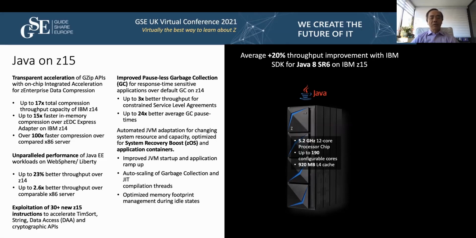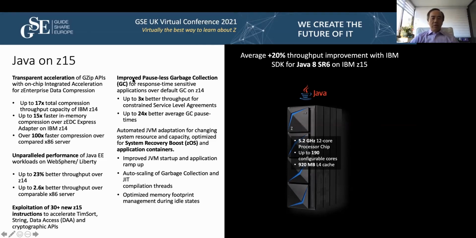So with this pauseless garbage collection mechanism, we can do more frequent garbage collection on a smaller scale, so that we can get better throughput, and that is also improved for the Z15. Also, one of the major features of Z15 is system recovery boost, and the JVM now supports that as well. So it scales very, very well. It adapts very well to changing system resources, capacity, and things like that.